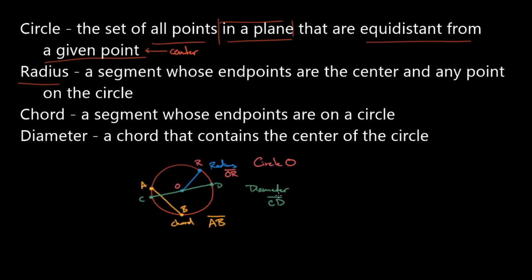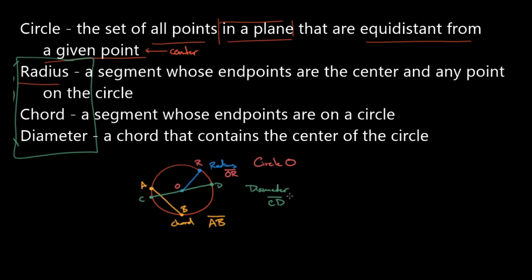Okay, so these are probably the most basic parts of the circle. We have our definition, and this is going to be an important takeaway in a little bit: these 3 things are all segments. Radius, or radii, chord or chords, and then diameter or diameters, they're all just segments in a circle.